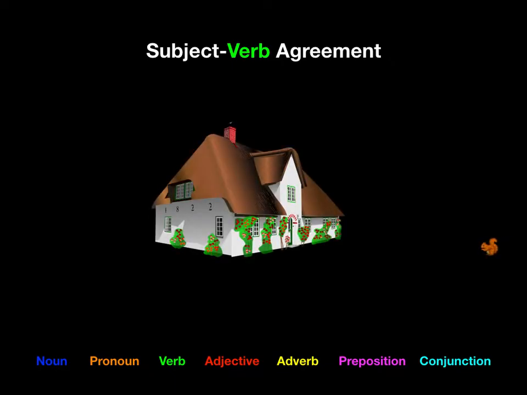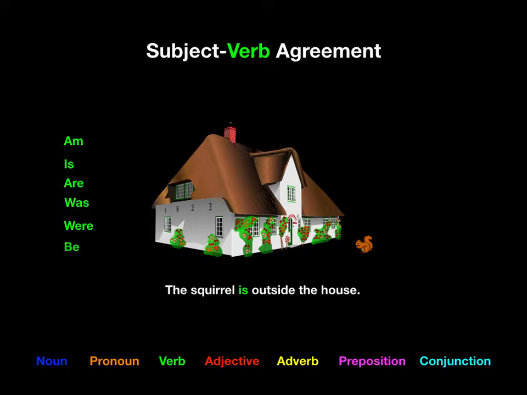For instance, in the sentence, the squirrel is outside the house, is a linking verb. The squirrel is not actually doing anything. The squirrel is just existing, is being outside the house. Linking verbs are am, is, are, was, were, be, being, and been.